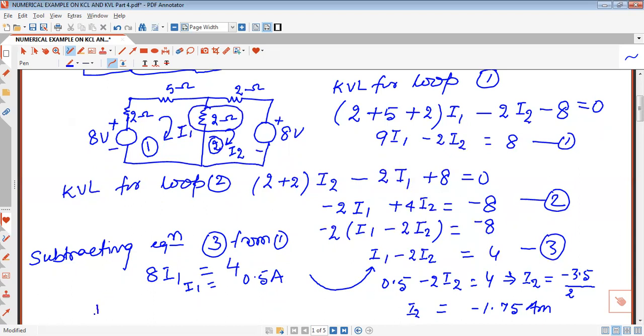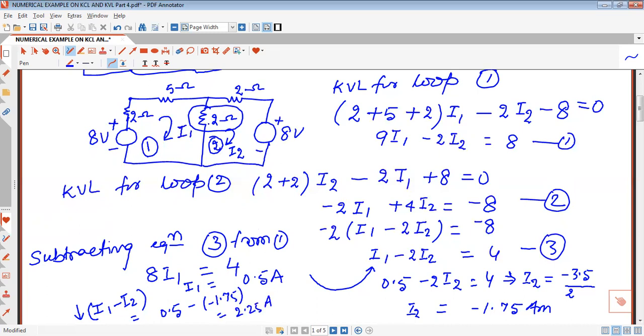So if we write I1 minus I2, this direction will be downward. I1 we have calculated as 0.5, and I2 as minus 1.75, so it will be 2.25 ampere current.